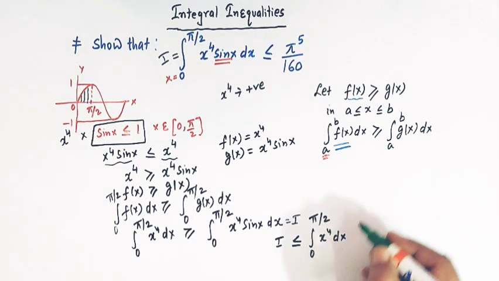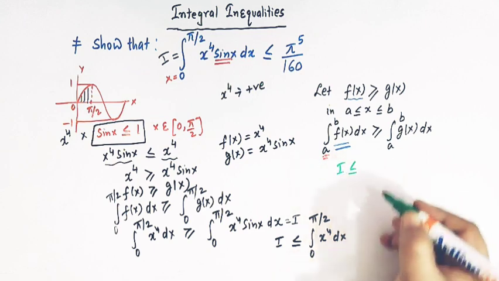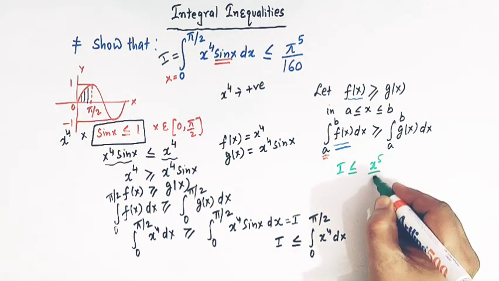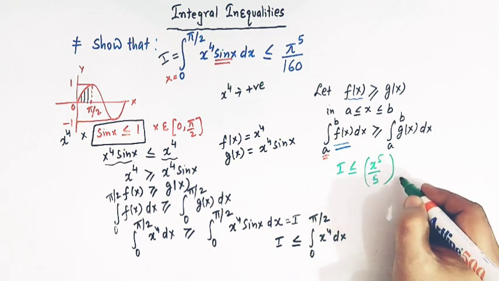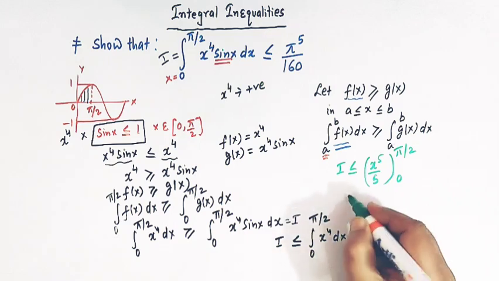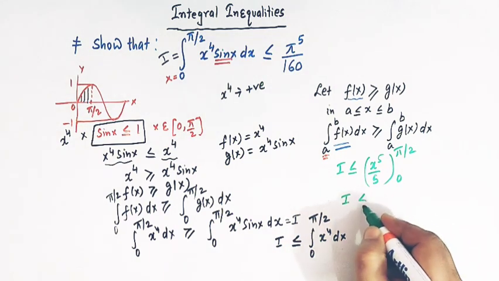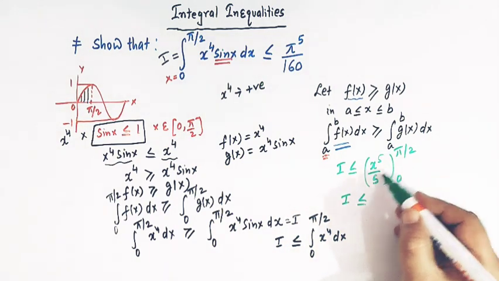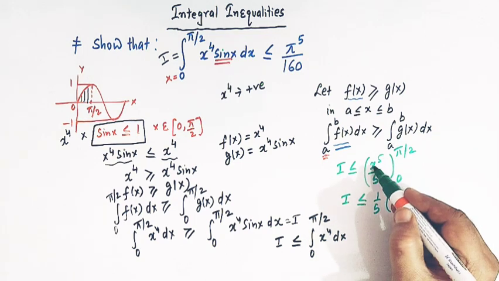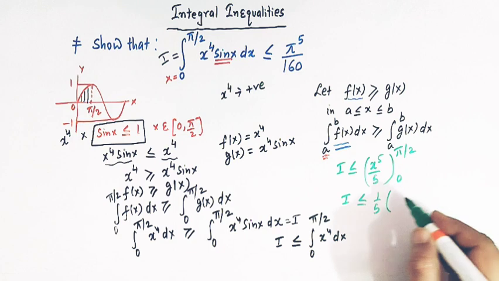So now the integral of x raised to 4 is x raised to 5 divided by 5, and the limits of integration are from 0 to pi by 2, right? So this is I less than or equal to, now we can write 1 over 5, and we can simply substitute the limits and take the difference.